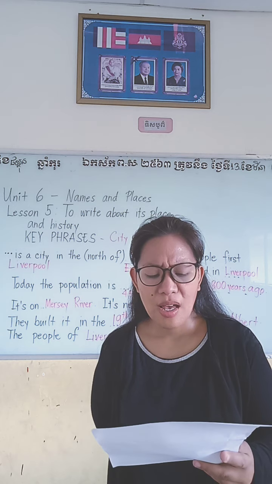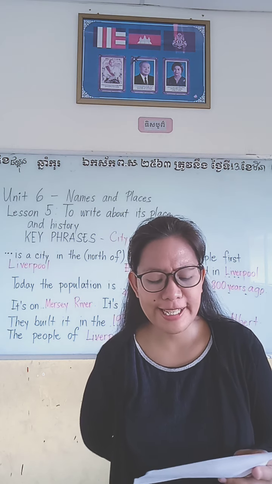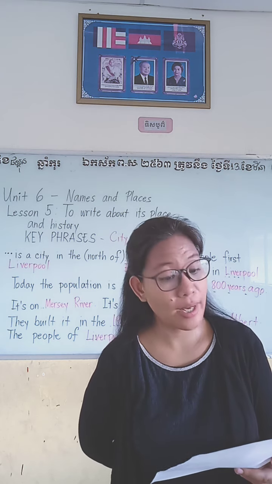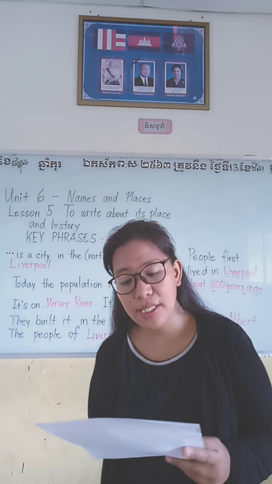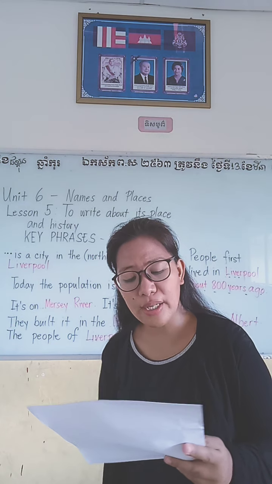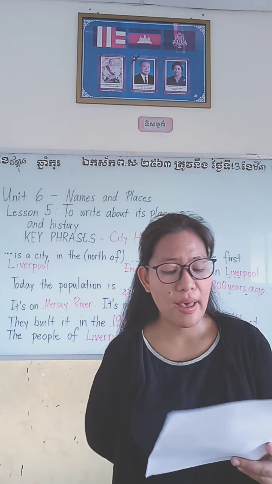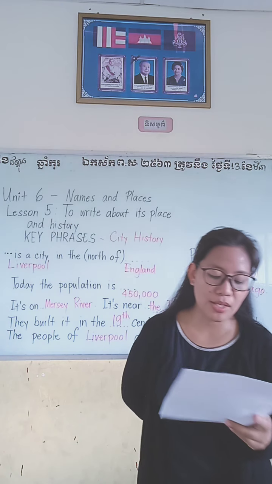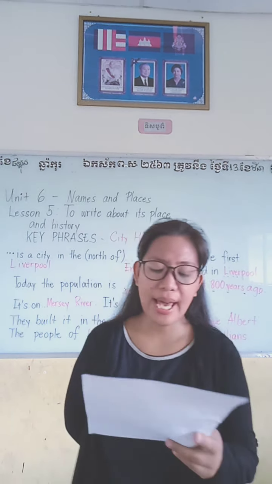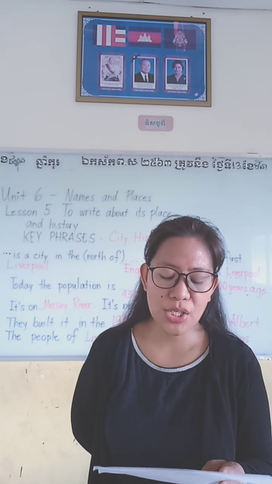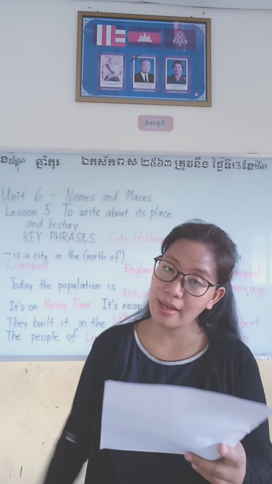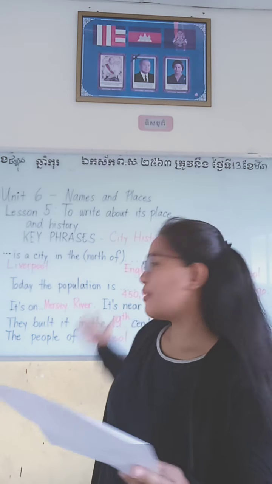Next. What was its population in the 16th century? Okay. So go back to the article. Look at two words. Oh, actually three. Population and 16th century. Okay. Next. What is the population of Liverpool today? Okay. You can find it there.